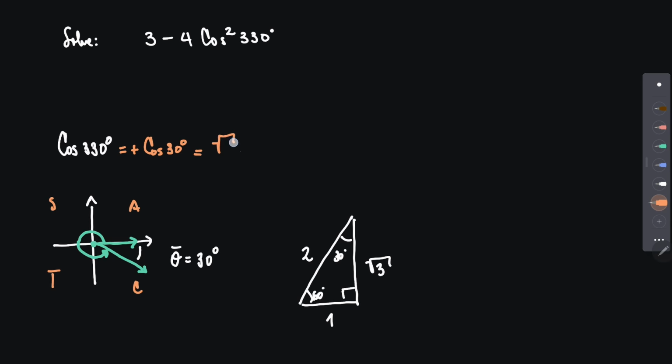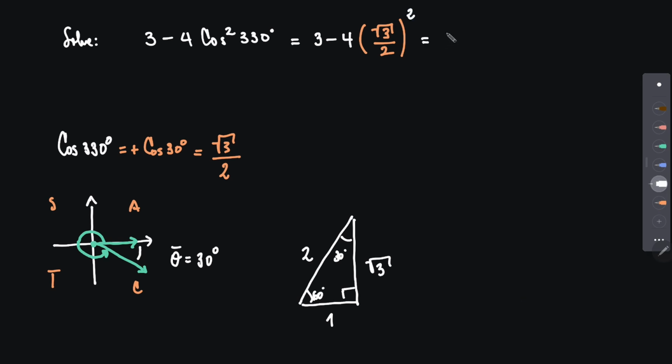So it's going to be equal to the square root of 3 over hypotenuse, that is 2. So now that we have the value, we can solve our operation. So in here we have 3 minus 4 times cosine of 330, that we know is square root of 3 over 2, to the power of 2.